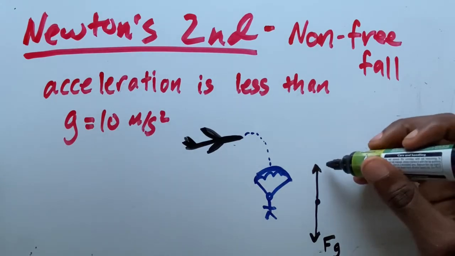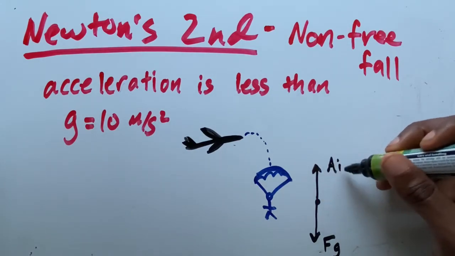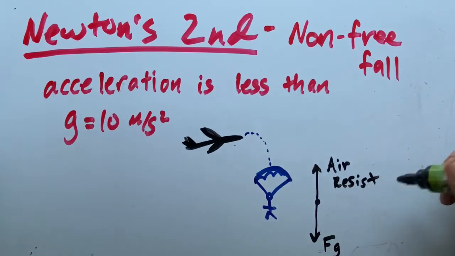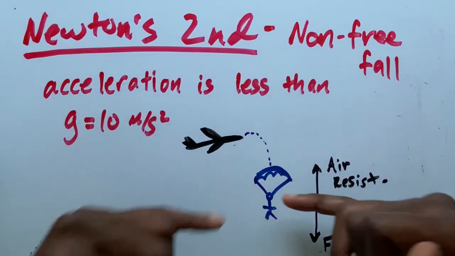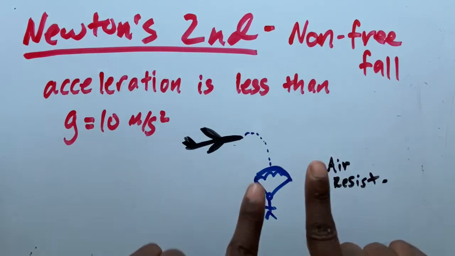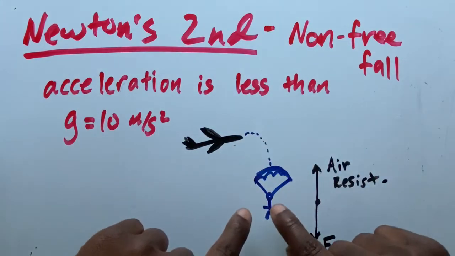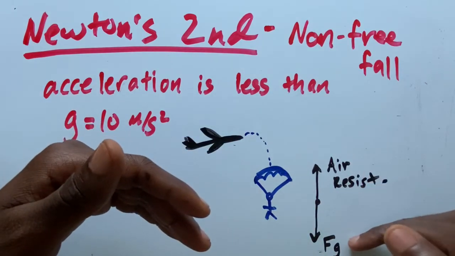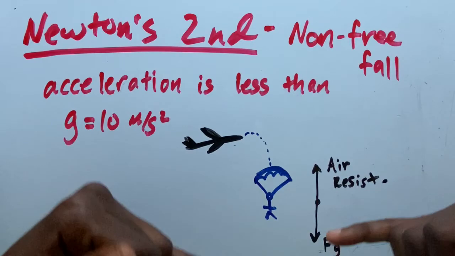Let's just call that air resistance. Let's call it resist for short, resistance. So basically air is getting caught up underneath your parachute, and it's pushing your parachute upwards while your body, or your weight, or the force of gravity acting on you is pulling you downwards.